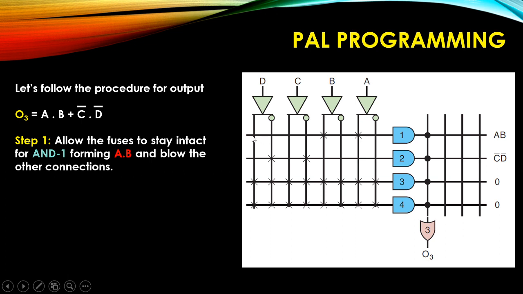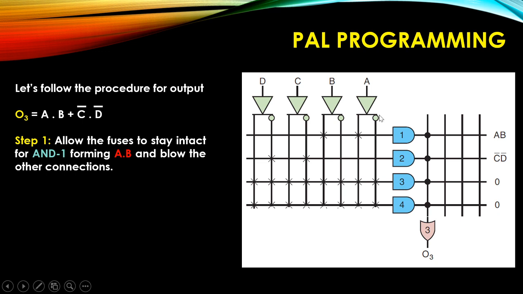So we had D and D bar at the input of the AND gate, also C and C bar, B and B bar, and A and A bar. It is the same for all the inputs of the AND gate in the initial configuration, that is, before we have programmed it.